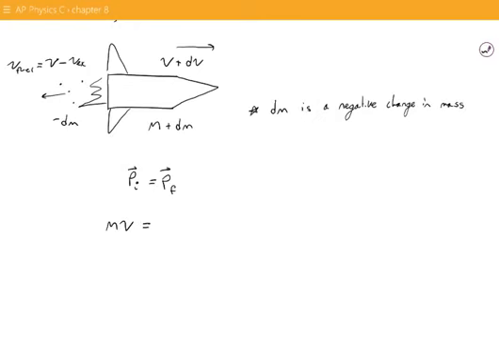The momentum final is the new velocity of the rocket times the new mass of the rocket, which is just a little bit less. Remember, dm is negative, so that's just a little bit less than the original mass of the rocket, times the new velocity of the rocket, which is just a bit more than it used to be, plus we have to take into account the whole system, so this would be the momentum of the fuel that's ejected.